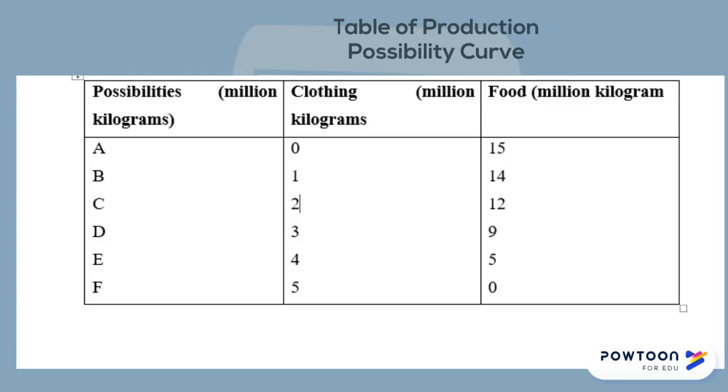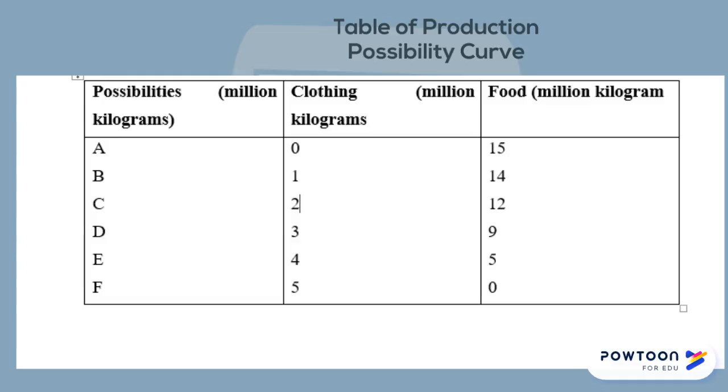If, on the other hand, the society devotes its total resources to the production of clothing, it will produce 5 million kilograms. These are two extreme possibilities.